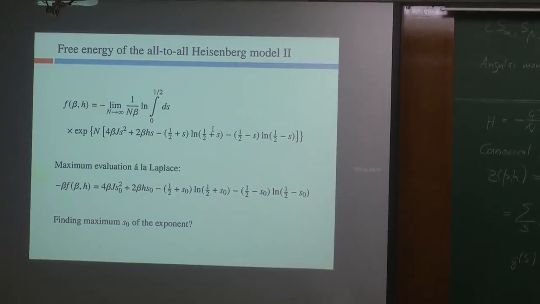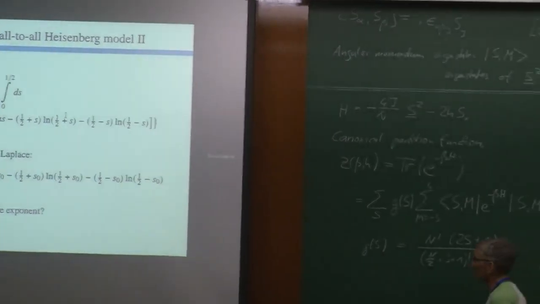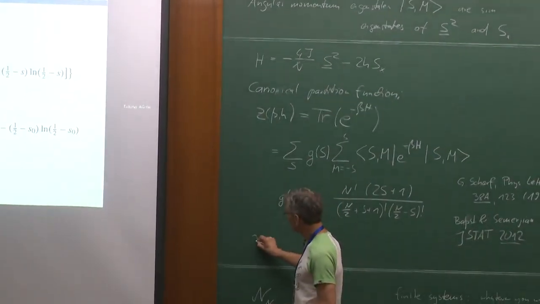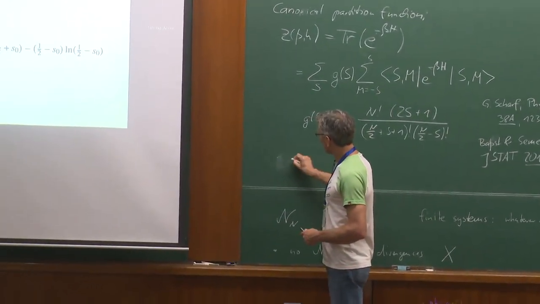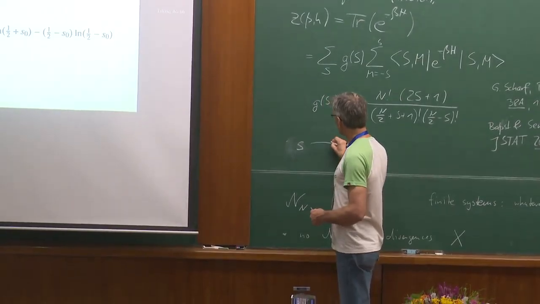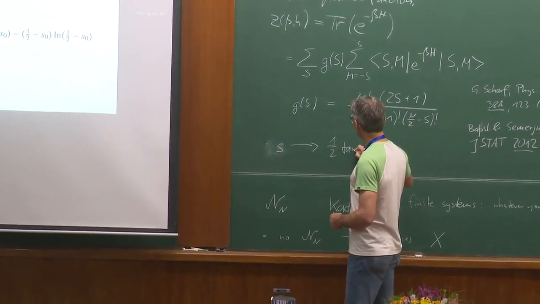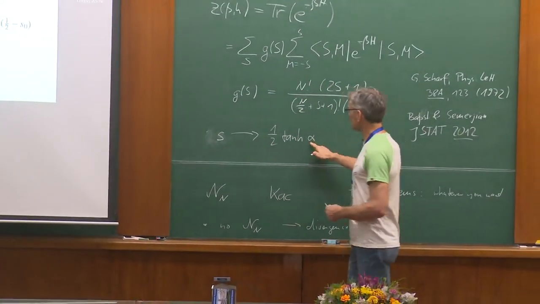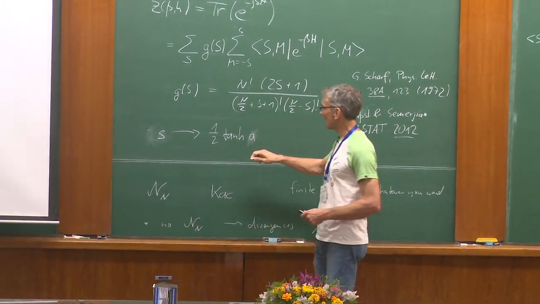If you want to redo the calculation, the one trick for finding the maximum analytically is to do a substitution of the parameter s to a function which is 1/2 hyperbolic tangent of alpha. So I shouldn't call it alpha, let's call it a. That's not our alpha.